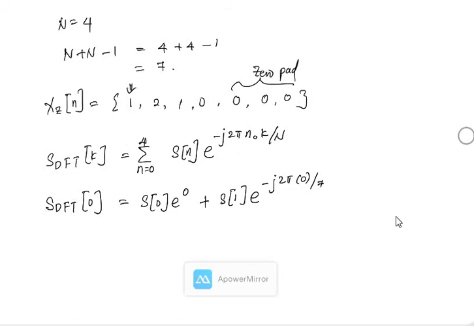Then plus S2 times e to the power of 0, because k here is 0, so all the k you substitute with 0, so you will get exponent 0. Then S3 is also 0, plus S4 is also 0.